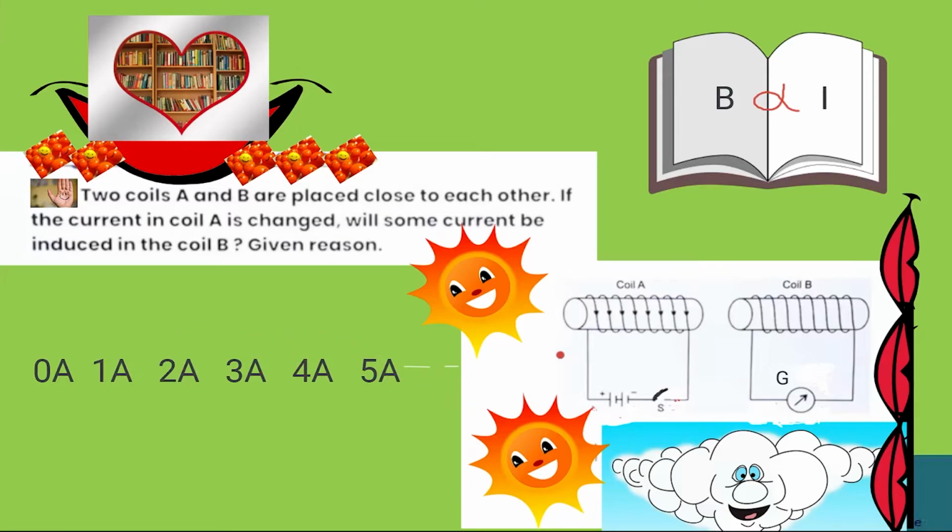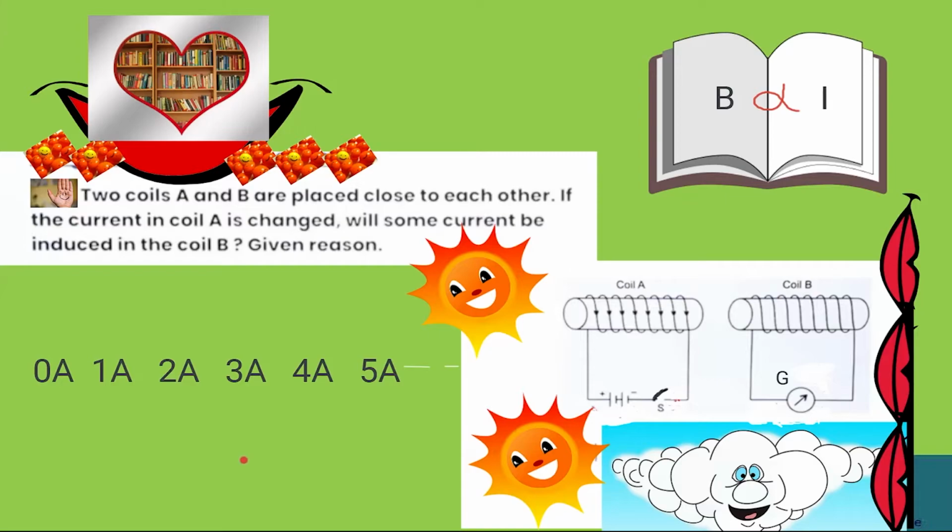But when I made this circuit incomplete, again there was a change, but in the reverse direction, children. First, the current was increasing till 5 amperes. When the circuit was incomplete, it started flowing from 5 ampere to 4, 4 to 3, 3 to 2, 2 to 1, and then 0 and stopped.